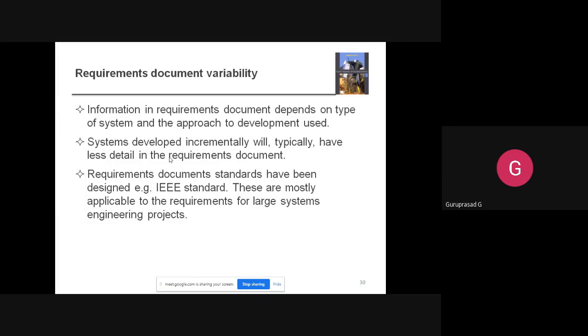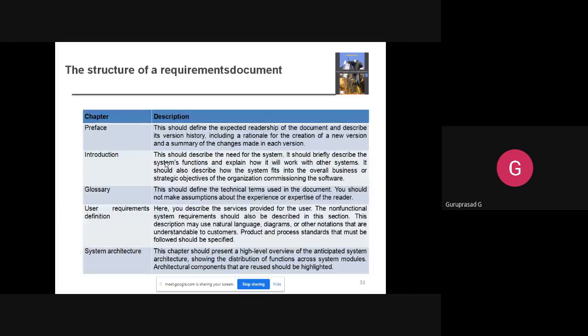Now, the structure of the requirements document. Remember, this is very important. The structure of the requirements document as per the IEEE standard. It will be asked in the examination. So I'll discuss this.